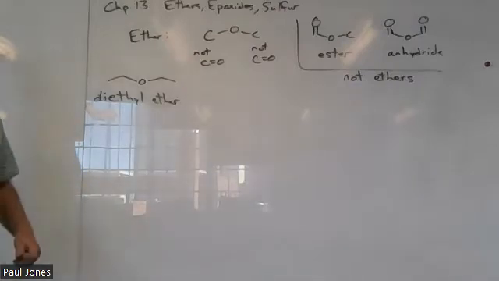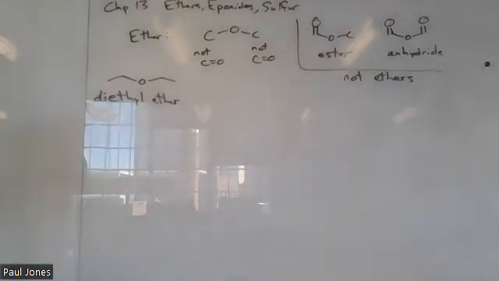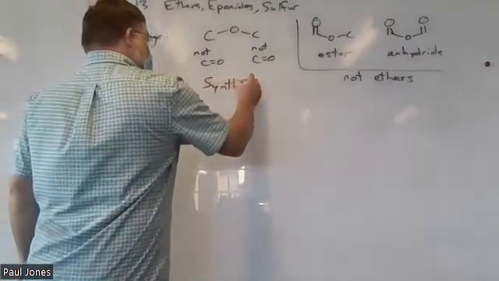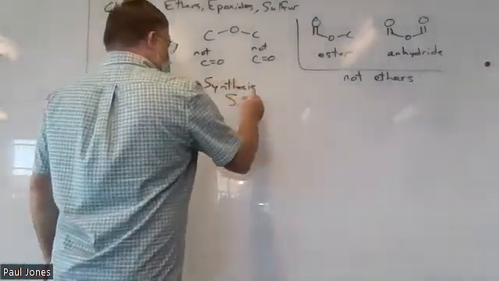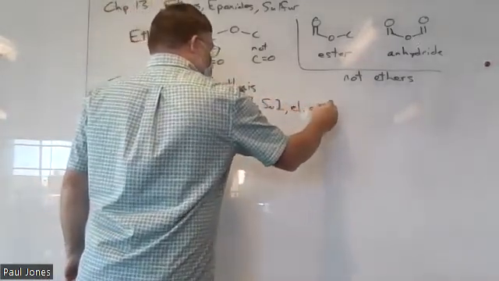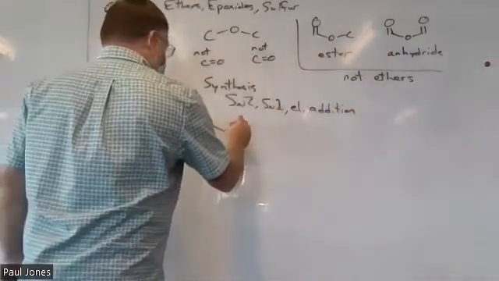Ethers are actually quite robust. They're very stable. They're less stable to acid, but they're still pretty stable to acid. They're extremely stable to base. They're kind of boring inside. So the best way to synthesize them is SN2, SN1, or electrophilic addition.